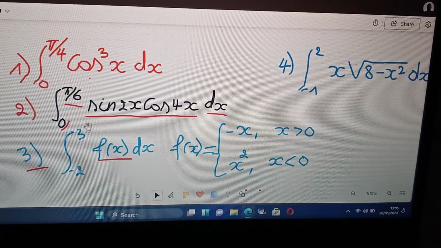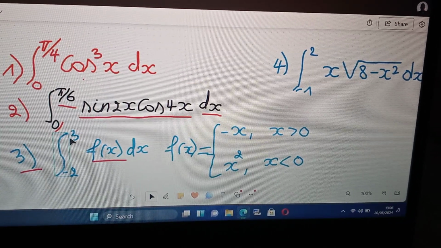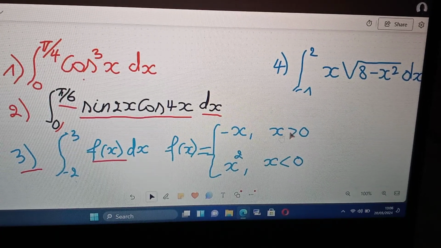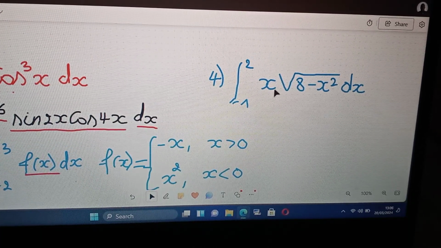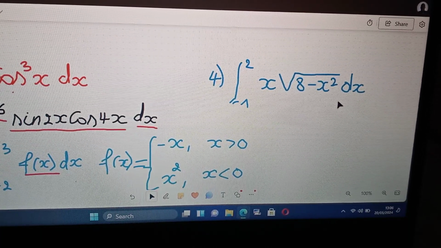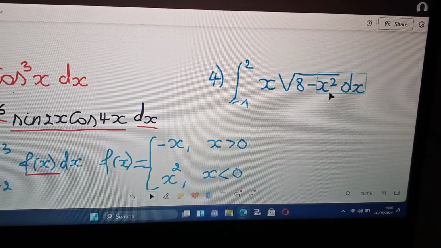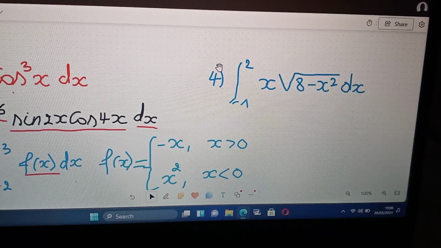But the given boundaries we must not go beyond are minus 2 up to 3. Number 4 is to integrate x square root of 8 minus x square dx from minus 1 up to 2.